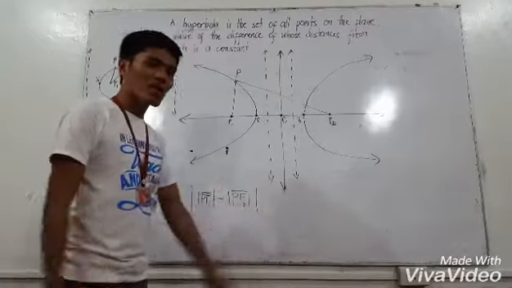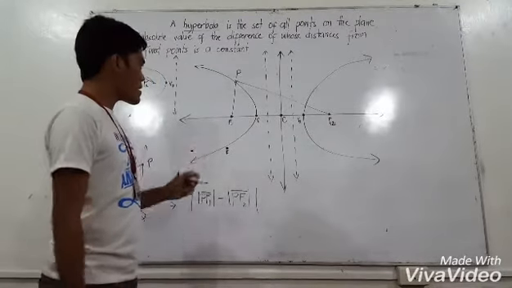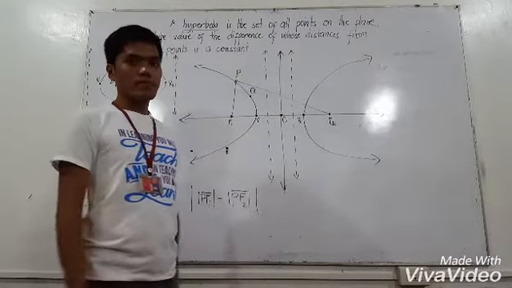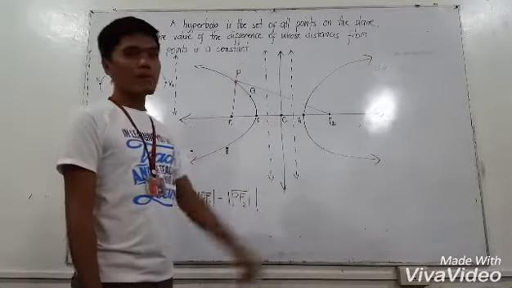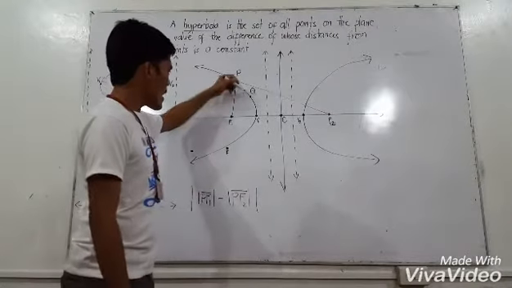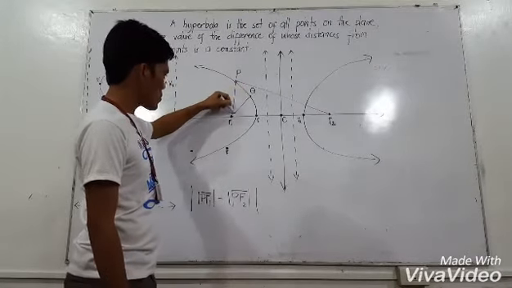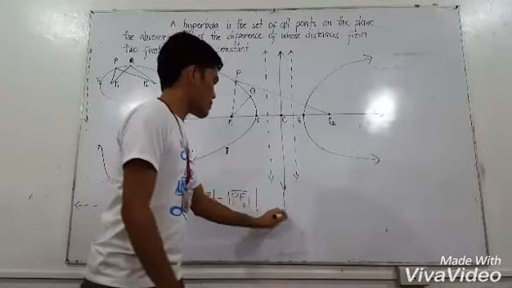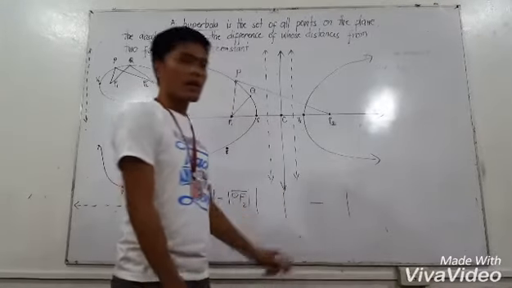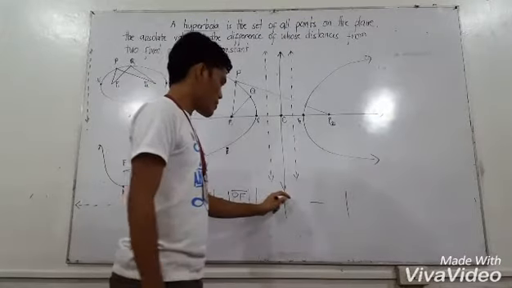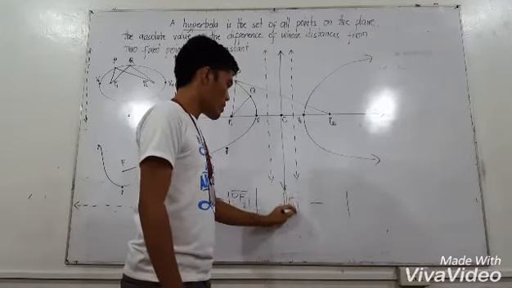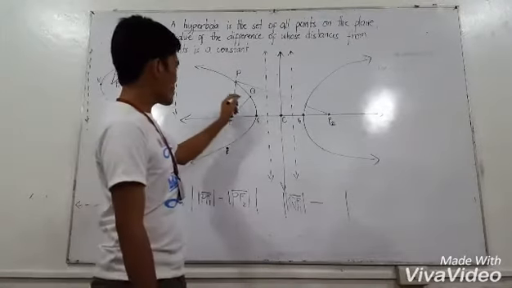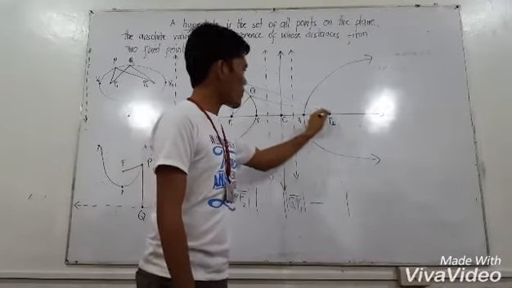Now, what does it mean if it is constant? If I pick another point class, point Q here, and I follow the same process, I take the distance from Q to F1. Again, it is the absolute value of the difference of the distances from Q to F1 and from Q to F2.